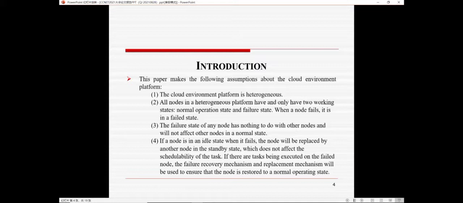The fourth is that if a node fails, it will be replaced by another node in the standby status, which does not affect the schedulability of the task. If there are tasks being executed on the failed node, the failure recovery mechanism and the replacement mechanism will be used to ensure that the node is restored to a normal operation state.